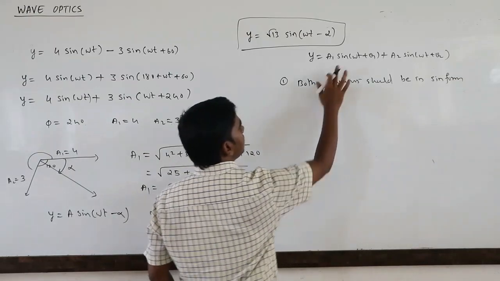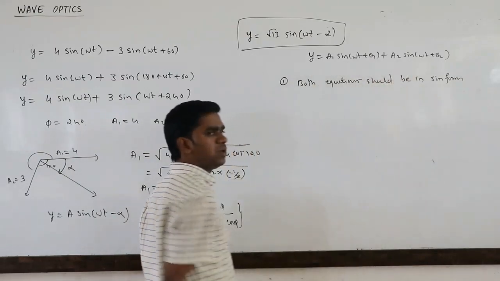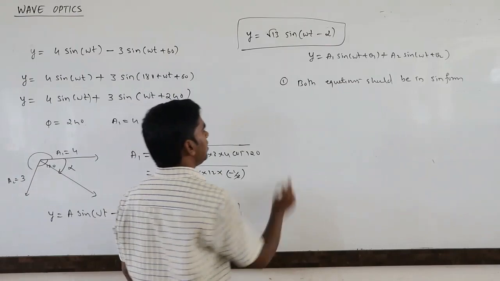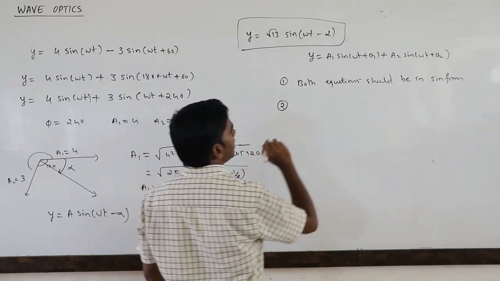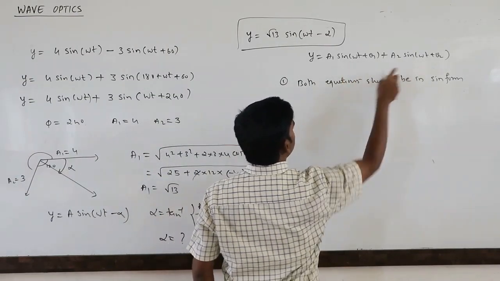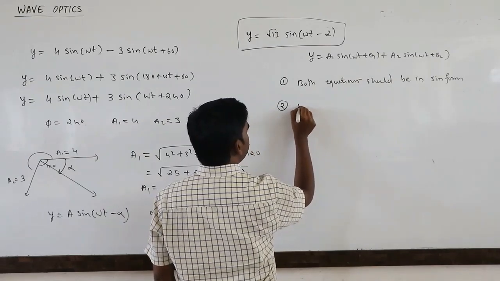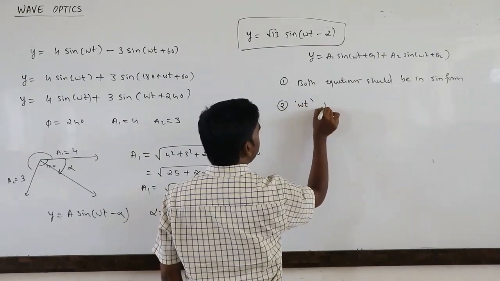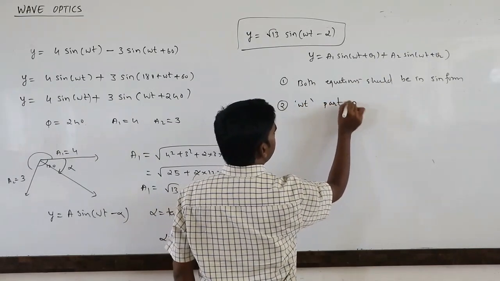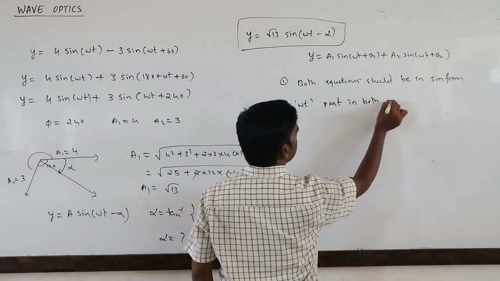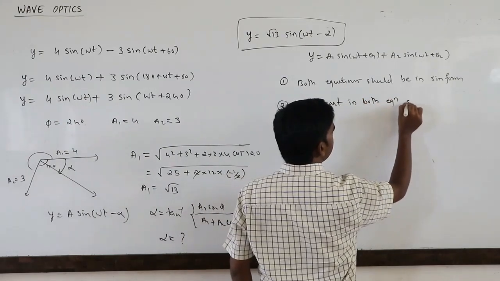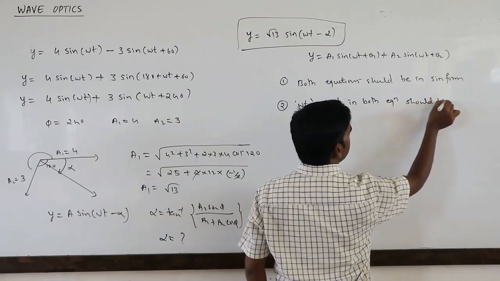So you have to take it. If one is sine and one is cos, you have to convert it into sine. Second, the omega t in both equations should be positive.